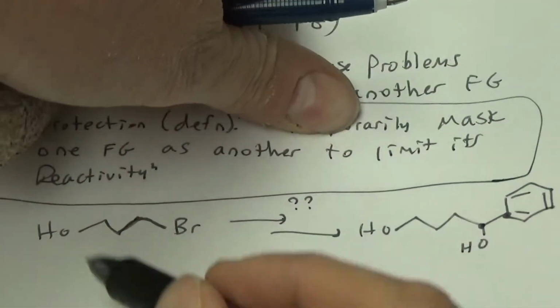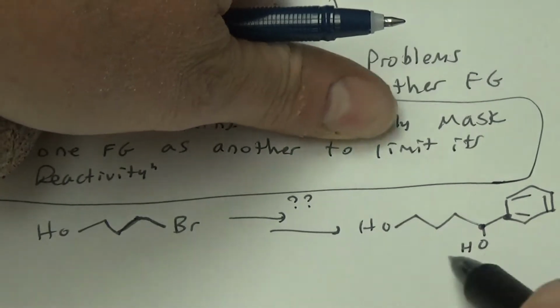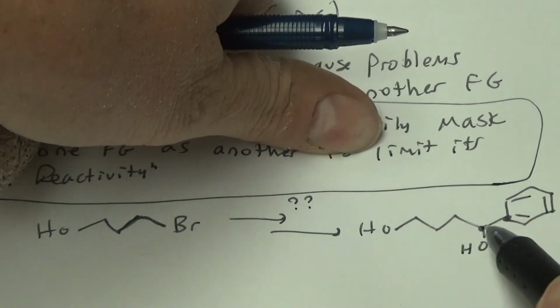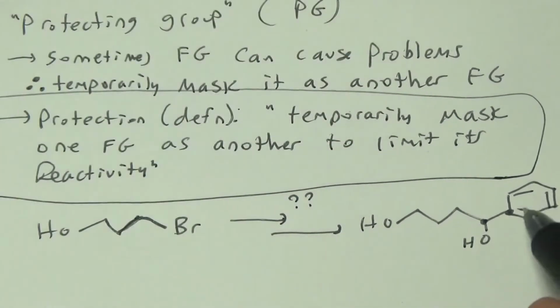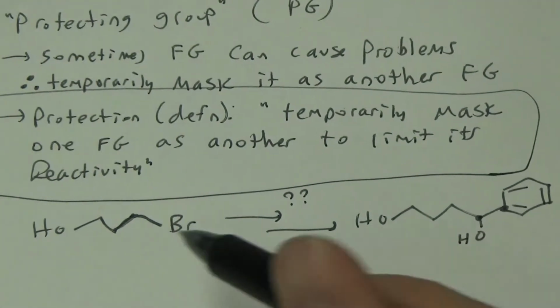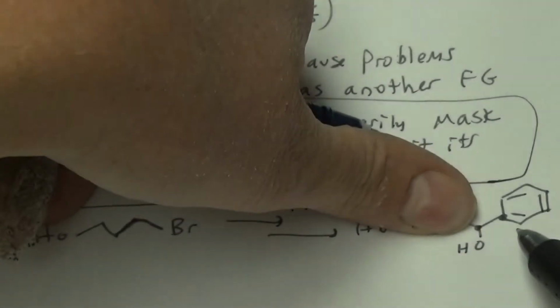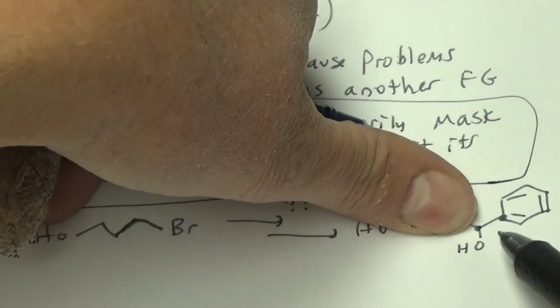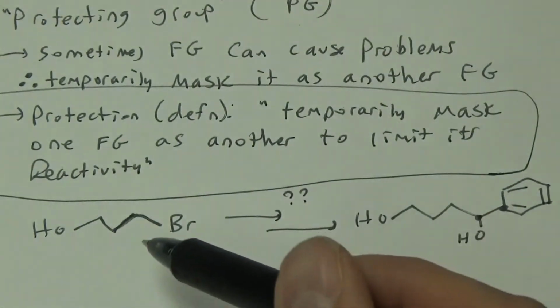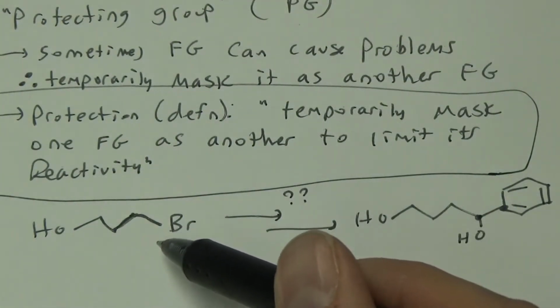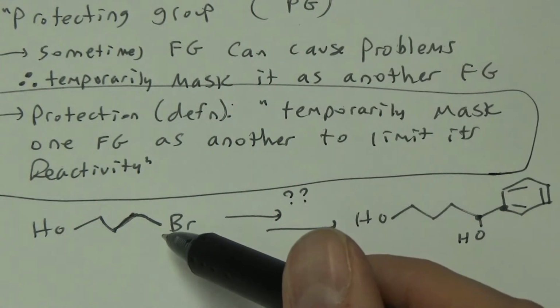So it's like 3 plus X makes what? 1, 2, 3, 4, and then 6 on there. 3 plus X is 10, so X is 7, right? So it must be a 7 carbon piece. And also remember with the Grignards and organolithiums, what do they react with?